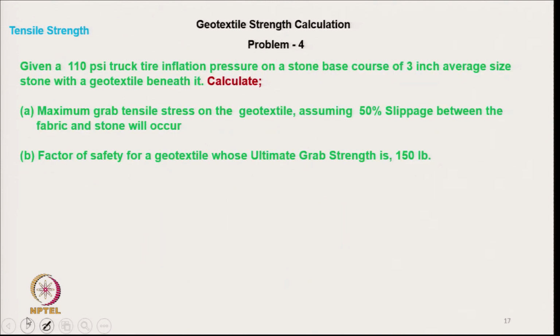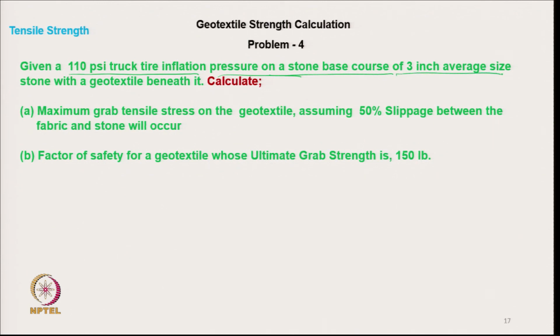So, let us see how to calculate the tensile strength here. The new problem here is: given a 110 psi truck tire pressure on a stone base course of 3-inch average diameter.